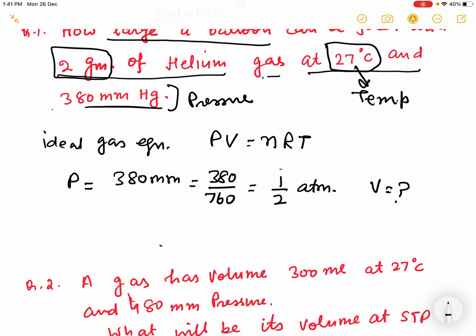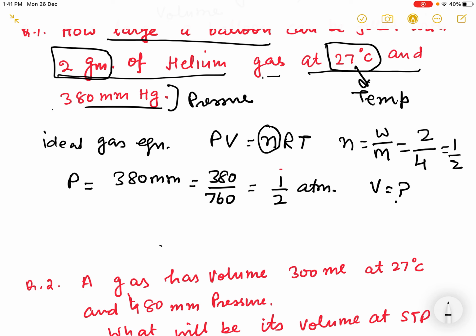and this n can be calculated as n is equal to weight by molar mass. Weight is 2 gram and molar mass of helium gas is 4, then it is 1 by 2.